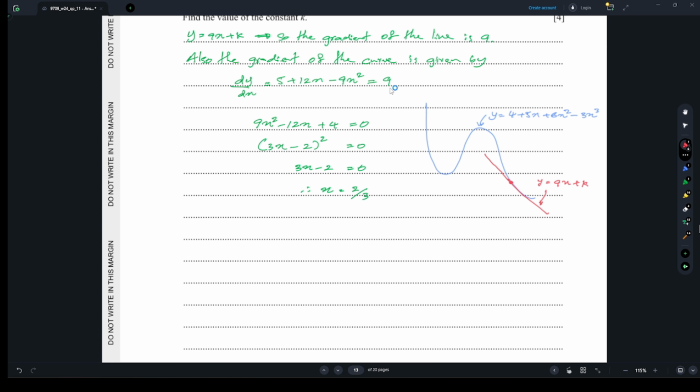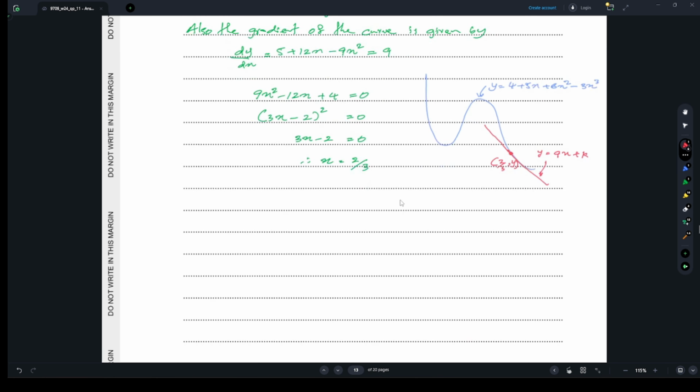So this is the point. And so at that point, the x value is 2 over 3, and we don't know the y value yet. So here the point is on both the curve and the line, right? So you can substitute this x value to the curve and find the y coordinate.